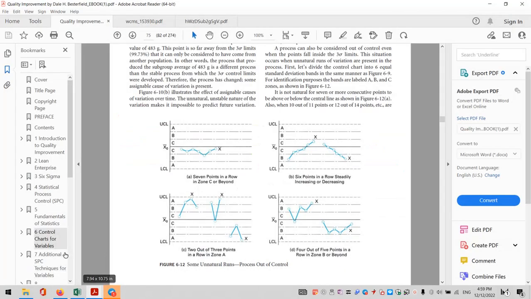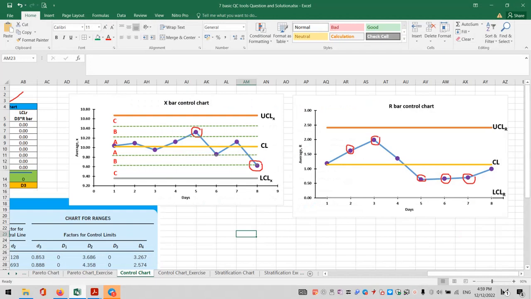Kalau macam consecutive tu maksudnya dia duduk, dia memang berterusan lah. Berterusan consecutive. Kalau macam ni dia tak berterusan kan. Dia tak berterusan. A, terus sini. A, sini balik.